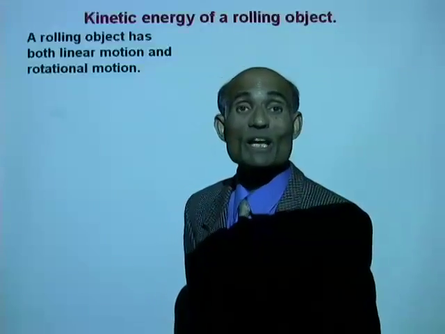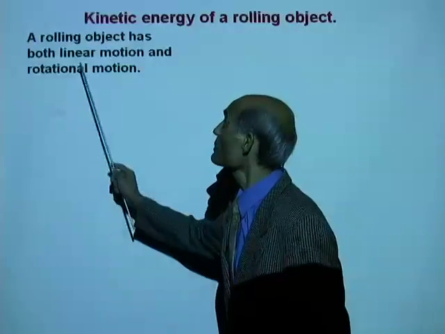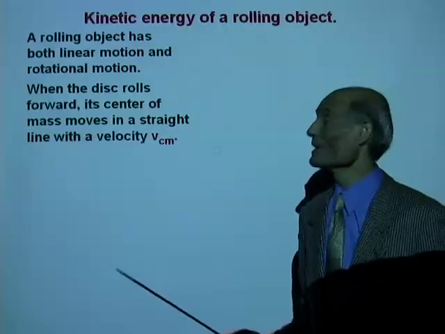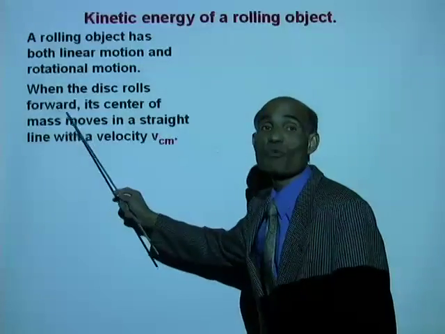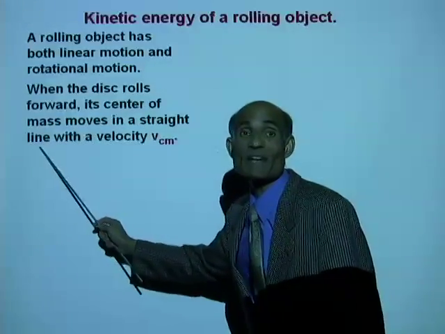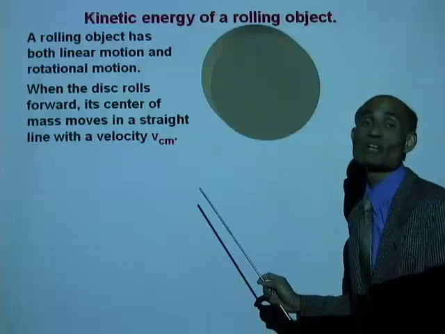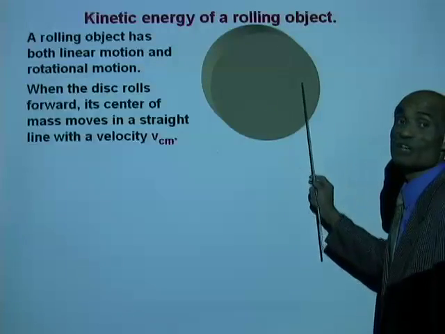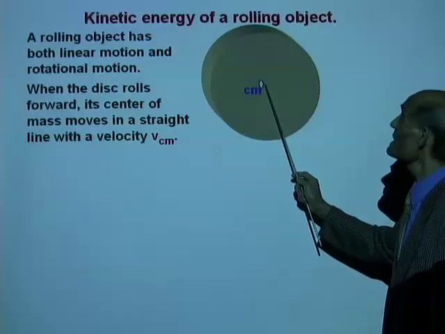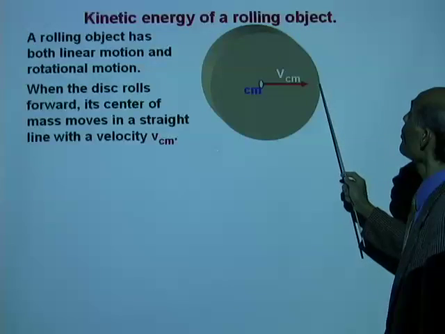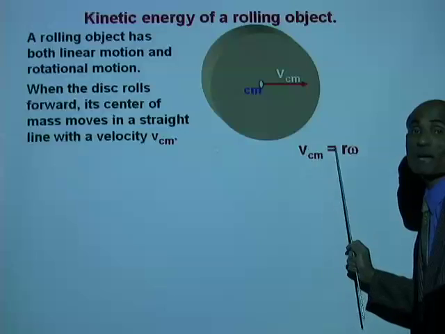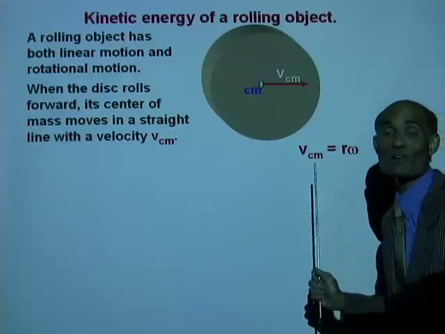So, a rolling object has both linear motion and rotational motion. When the disc rolls forward, its center of mass moves in a straight line with a velocity v center of mass. So if this disc is rolling forward, its center of mass will move forward with a velocity v center of mass equal to r omega.